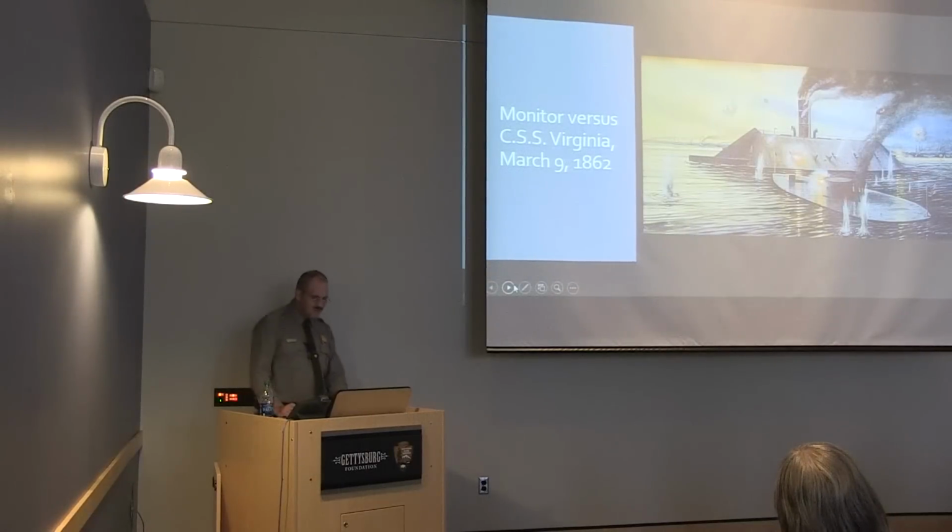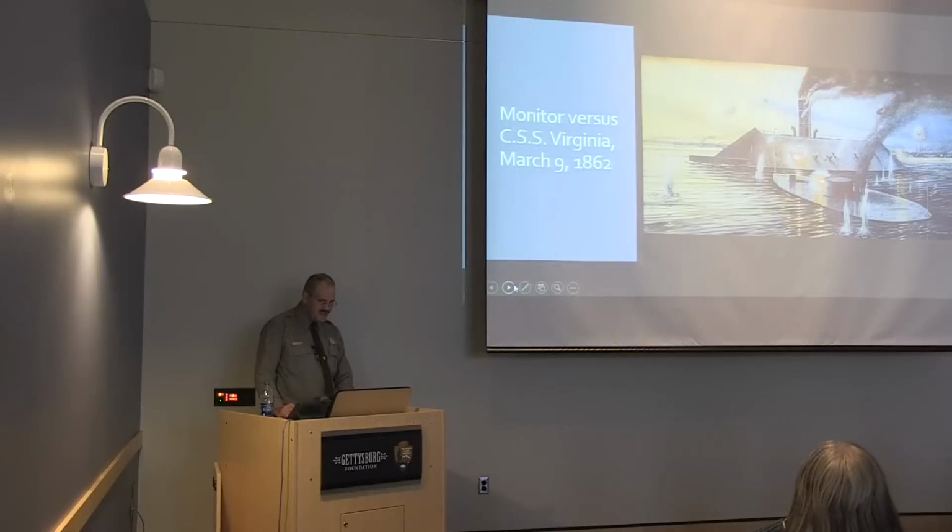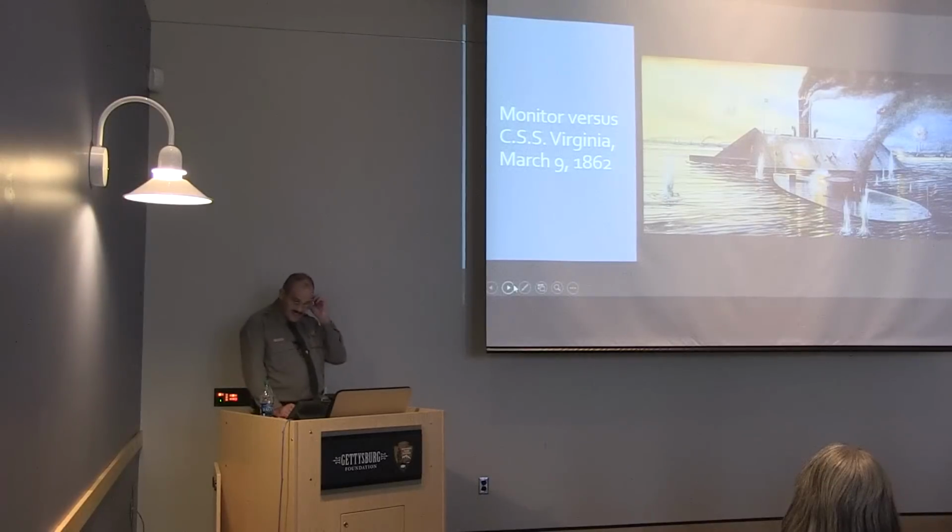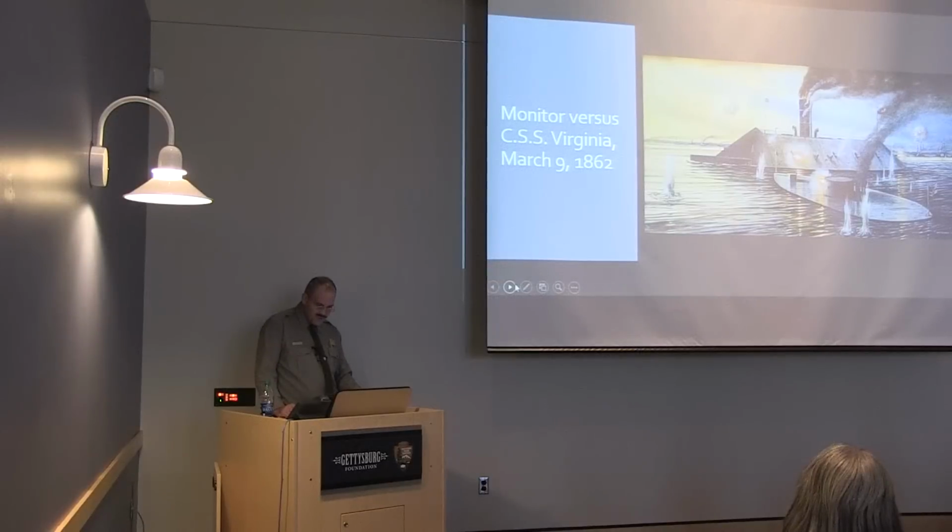The most famous would be the Monitor and the Merrimac, or the CSS Virginia. The Confederates captured what were the remains of a U.S. ship known as the Merrimac, and they converted it into the CSS Virginia. They met on March 9th, 1862, in a classic battle off the coast of Virginia, and they lobbed shells back and forth.